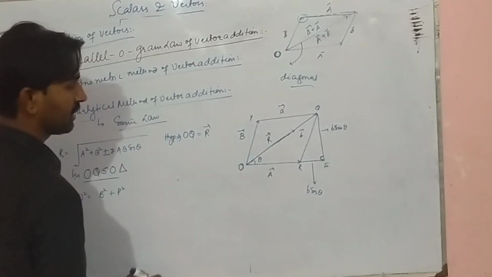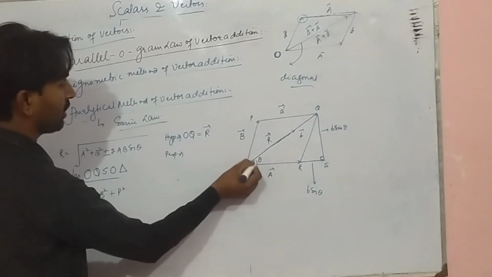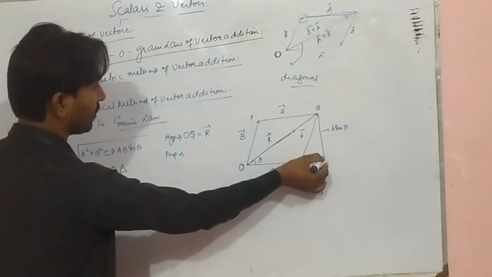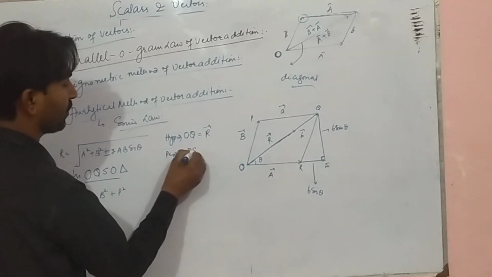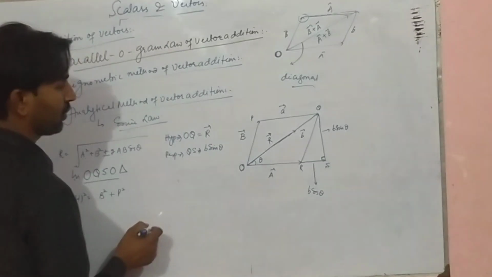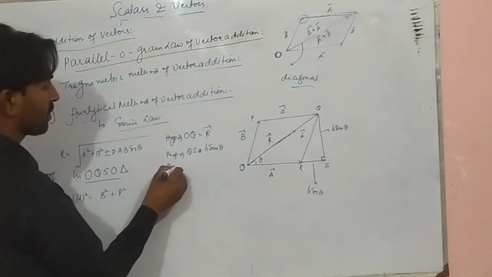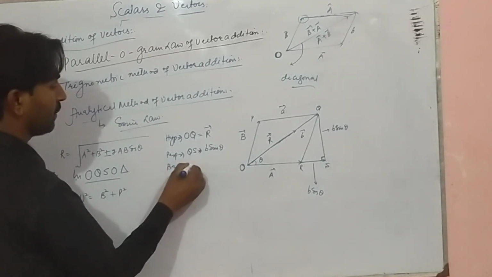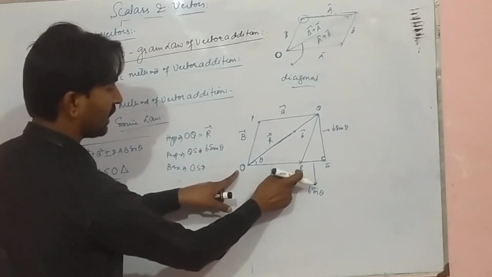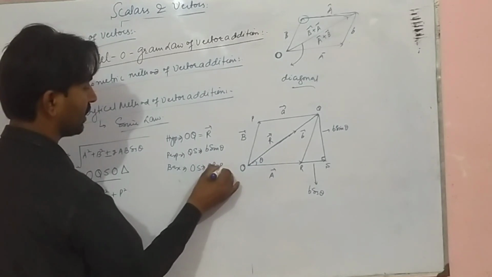And what is the perpendicular? We take the perpendicular with respect to this angle. The perpendicular is QS, and it is B sin theta. Then OS is the base. OS is equal to OR plus RS.